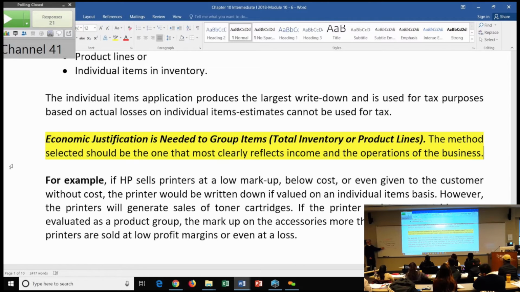They have no revenue generating ability from the printer if you look at it by itself. So would you write that down to 0? And the answer is no, because you're selling the printer with the cartridges. So you give the printer away, but now you're strapped to buy a Hewlett-Packard cartridge, which is $150 or $90. And that's where they generate their revenue. So rather than just looking at the printer, we combine the printer and the cartridges as a single value that we use to assess lower of cost or market.